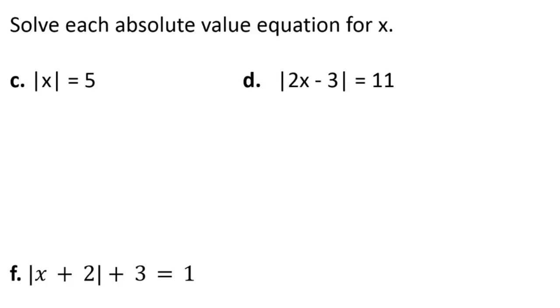Okay, so let's see down here. It says solve each absolute value equation for x. So when we have an isolated absolute value, that means the absolute value is not being multiplied or subtracted from anything. It's just the absolute value and whatever's inside. We have that equal to 5. We're going to have two solutions, a positive and a negative.